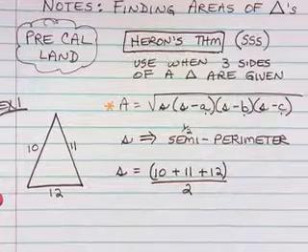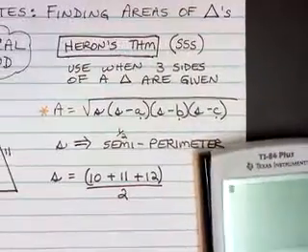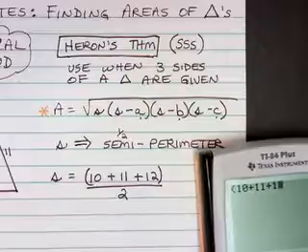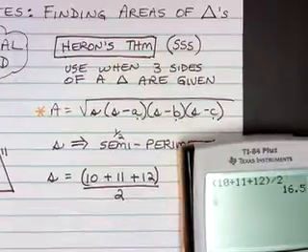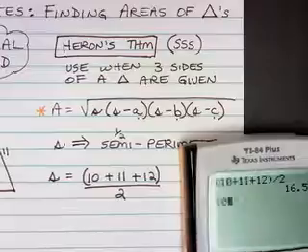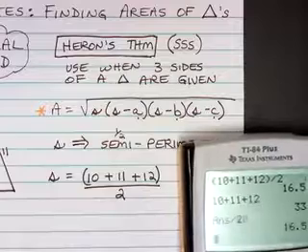So on our calculators, turn it on, let's go divide this. You would take 10, put it in parentheses if you're going to do it in one step on the calculator, plus 11, plus 12, close parenthesis, divided by 2. And you will get 16.5. If you don't want to use the parentheses, you can take 10 plus 11 plus 12, press equal, and then divide that by 2.